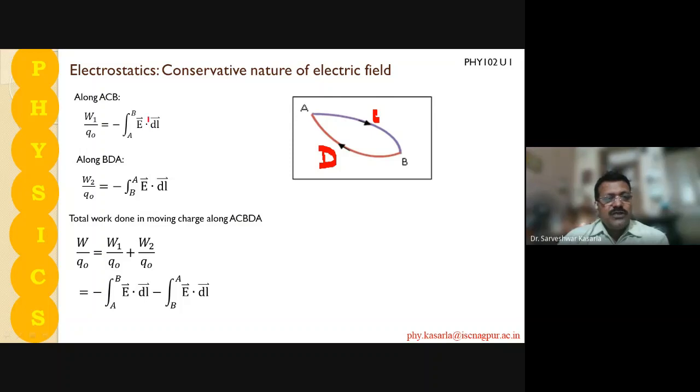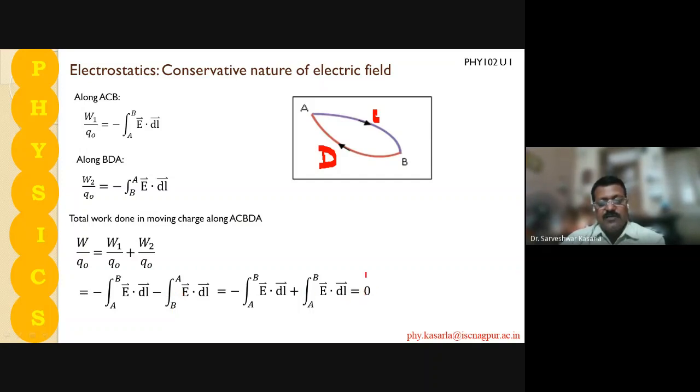If you put these values here, then the expression becomes like this. Here the integration is from A to B and here the integration is from B to A. Therefore, if you reverse the integration to make this A to B, then we have to change the sign. Integration from B to A will be equal to integration from A to B with a minus sign.